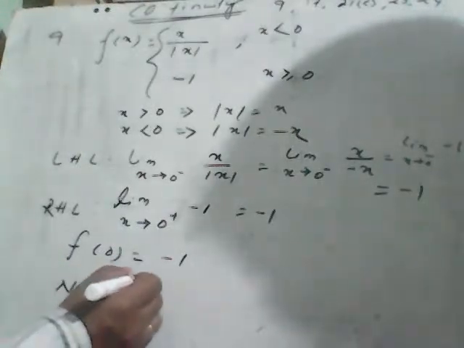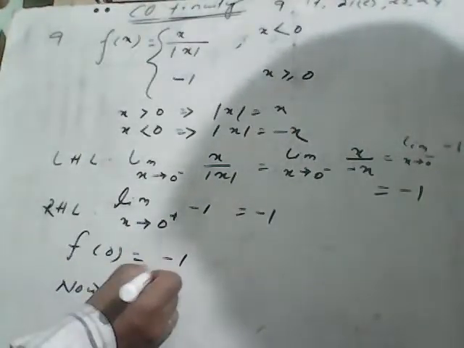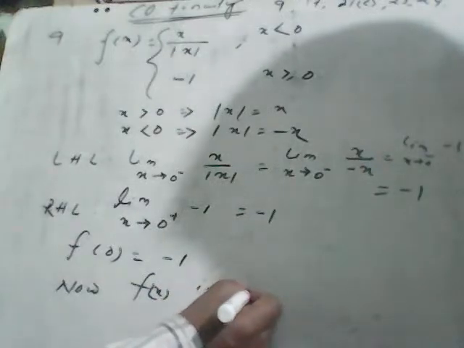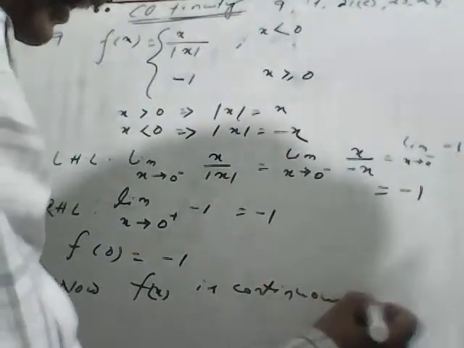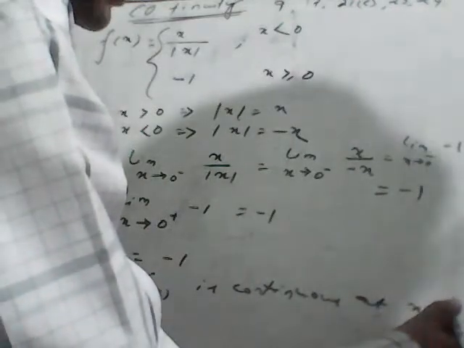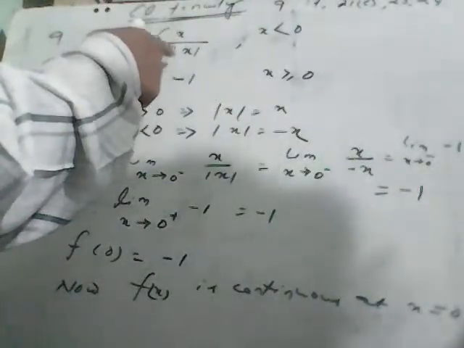Now f(x) is continuous at x equal to 0. If we consider the left side of 0, it is x by modulus of x, that is minus 1. At 0, it is also minus 1.